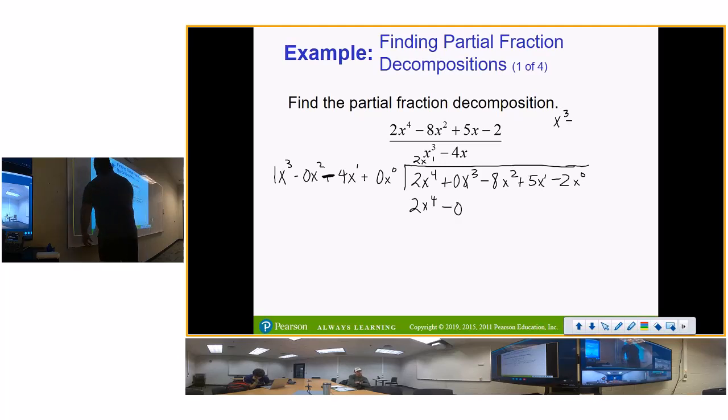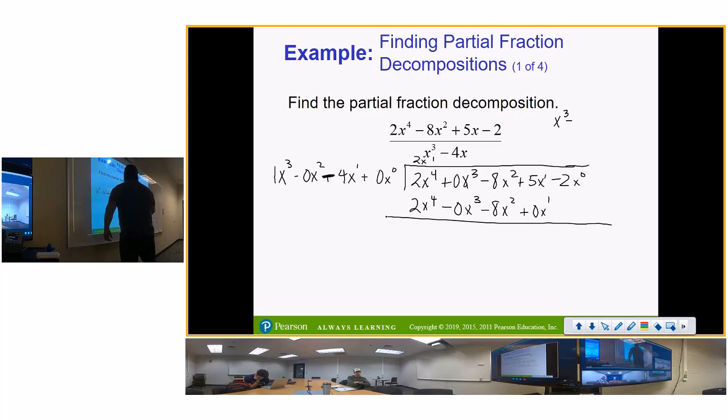What's x to the 1st times x squared? X to the 3rd. What's 2 times negative 4? Negative 8. What's x to the 1st times x to the 1st? X squared. What's 2 times 0? 0. What's x to the 1st times x to the 0? X to the 1st.